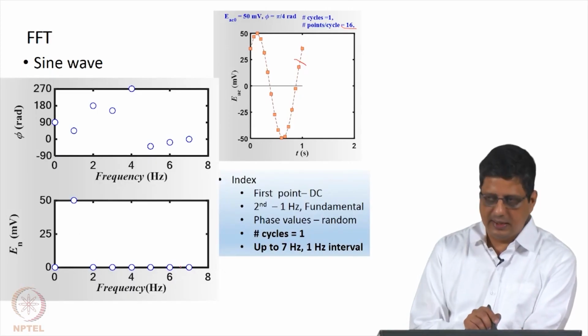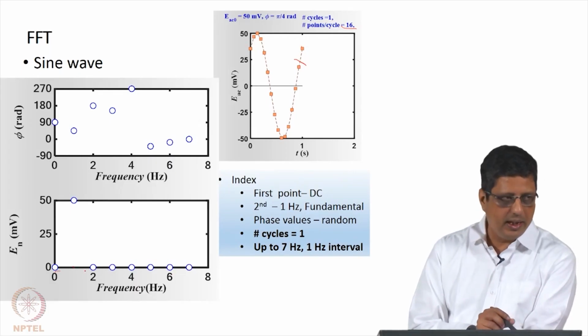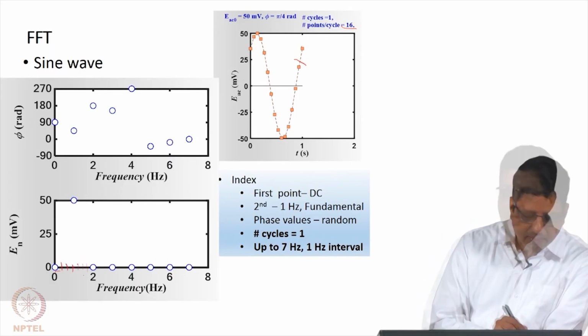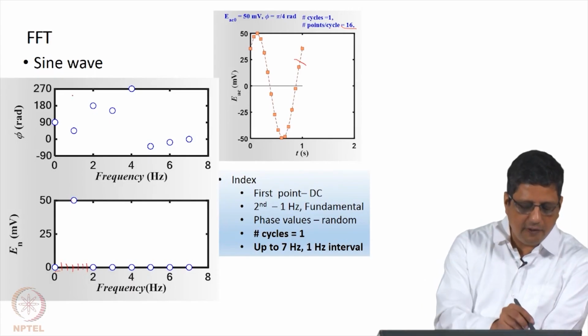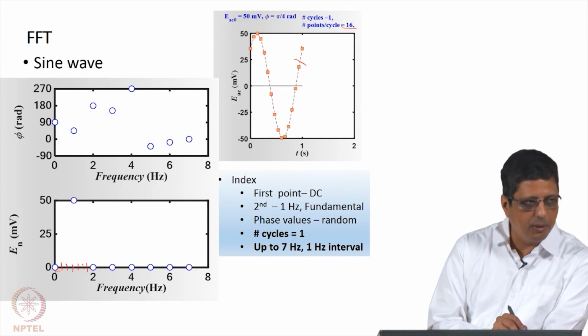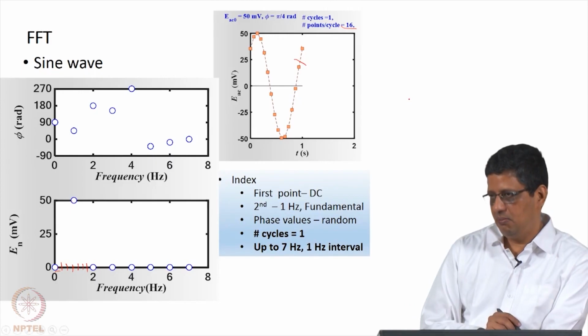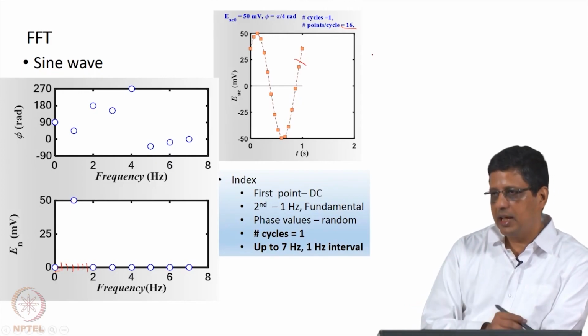I get up to 7 hertz. Also notice the interval is 1 hertz now. So if I want to get data at fine intervals, if I want to know the amplitude and phase at fine intervals of 0.1, 0.2, 0.3, 0.4 hertz, then I need more time. I need to go for more cycles here.